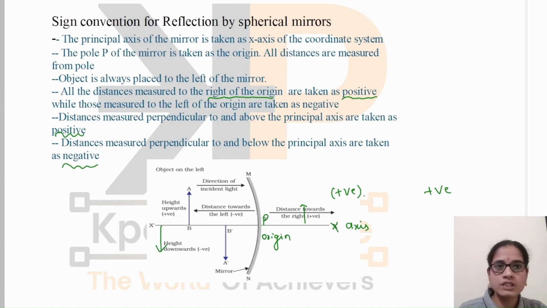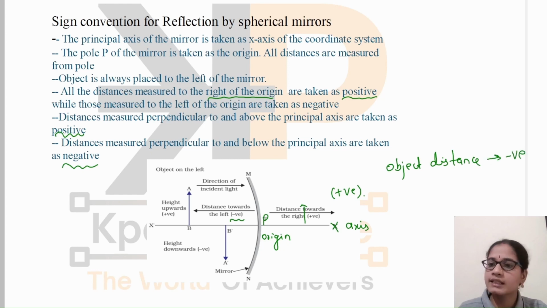Now suppose you are considering the object distance. We said the object is always placed to the left of the mirror, to the left of the pole. We know that distance towards the left is always taken as negative, so the object distance is always negative. But what about the image distance? It depends on the type of the mirror and the situation.